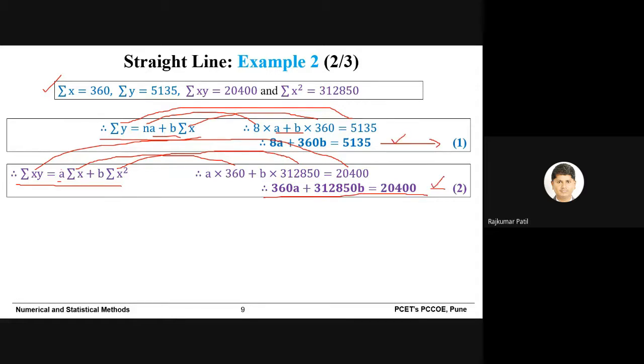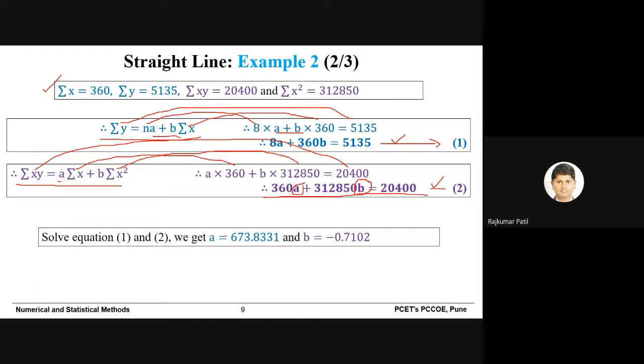You can look at equations 1 and 2. There are two equations and two unknowns, and the unknowns are a and b. So you can use any method to solve these two simultaneous equations in order to calculate the values of a and b. Upon simplification, you will get the value of a as 673.8331 and b equal to minus 0.7102.